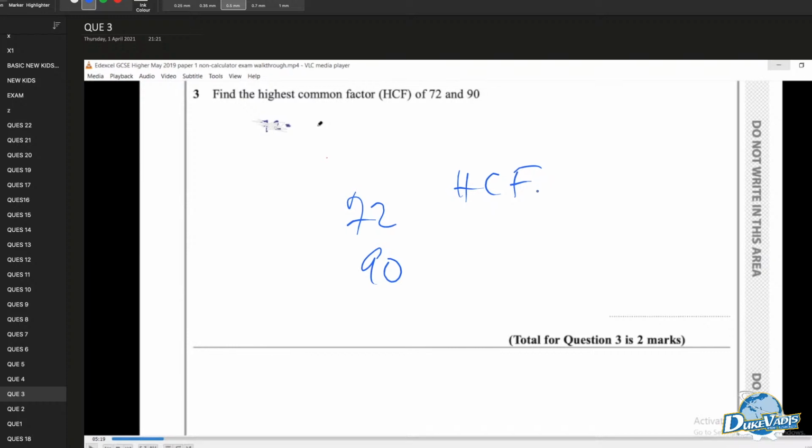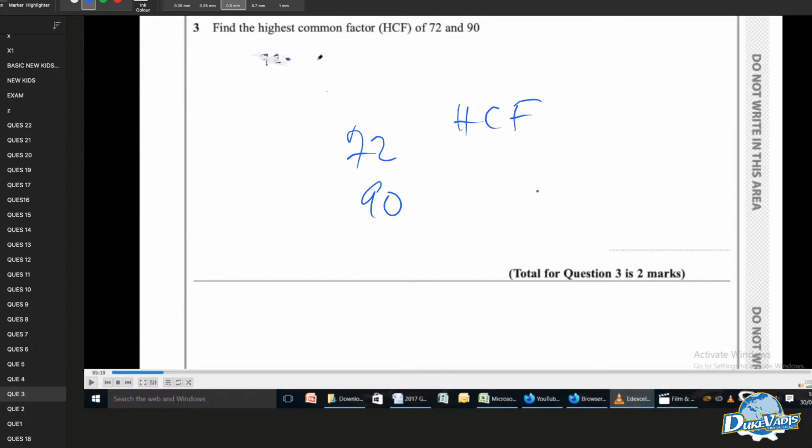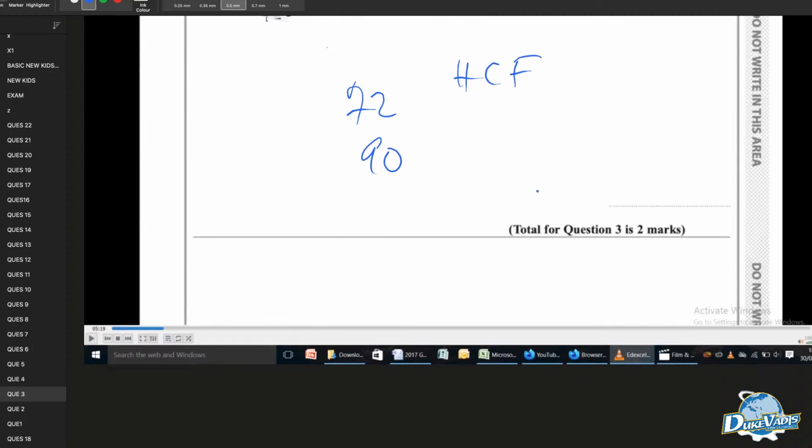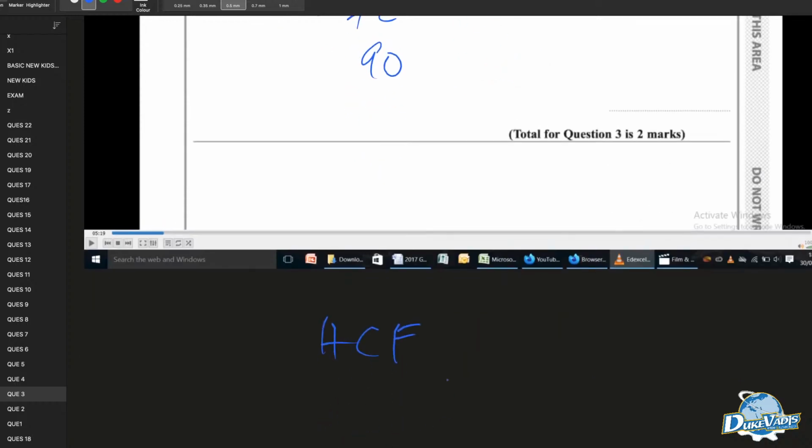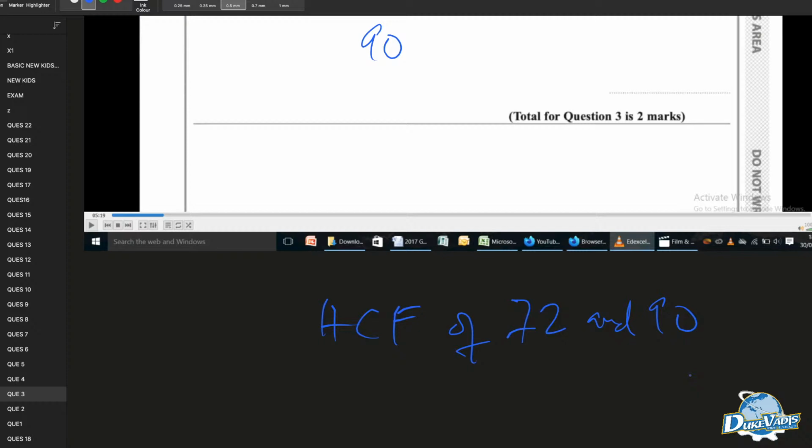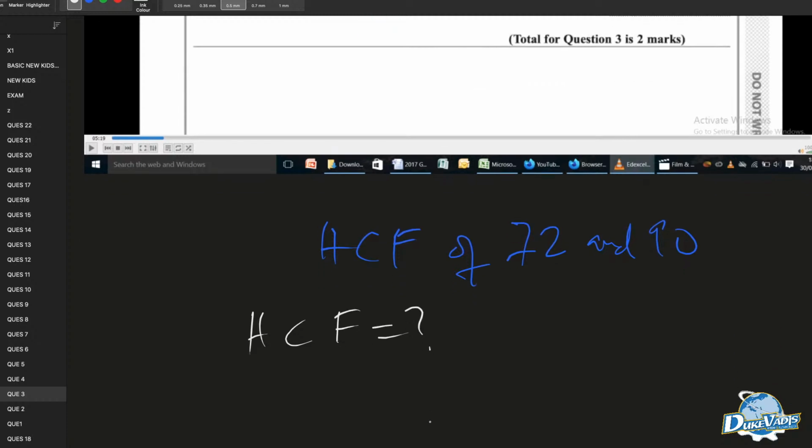So we should find the HCF. Let's see, how do we go about that? We are looking for the HCF. How do we go about it?